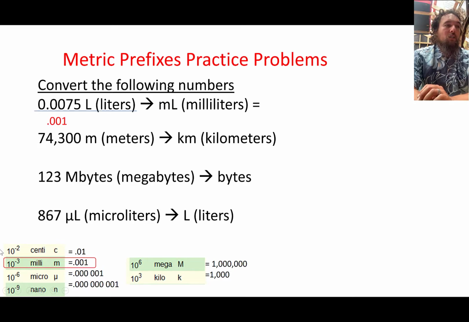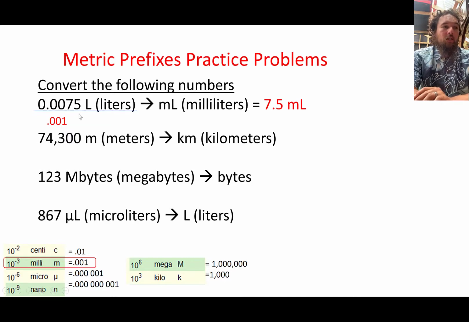So if we have 0.0075 liters, we divide by 0.001, and that tells us that we have 7.5 milliliters. Does this make sense? A milliliter is 1,000th the size of a liter. The milliliter is much smaller than the liter, so it should have a bigger value.